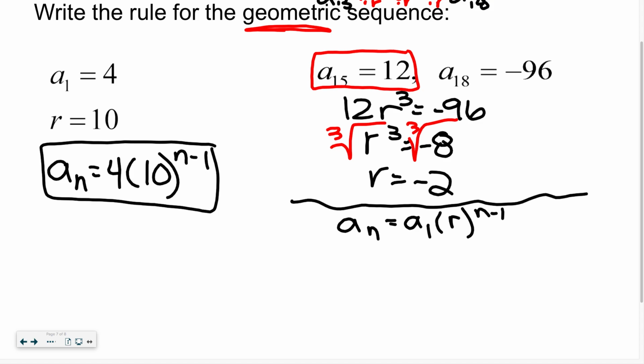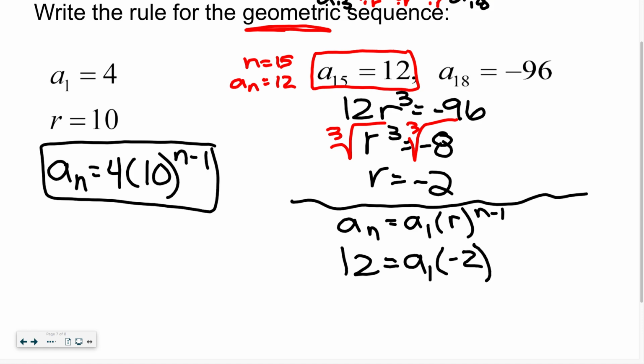So in this notation, I know 2 things: I know n is 15, and I know a sub n is 12. The x I put into the rule was 15, and the y, what I got out of the rule, the term of the sequence, was 12. So I can make those substitutions with my r: 12 equals a sub 1 times negative 2 to the 15 minus 1, which I'm going to put 14 there. Are you okay with that?